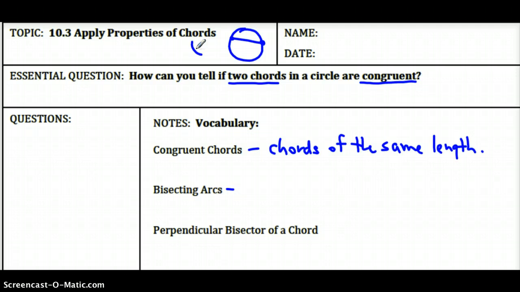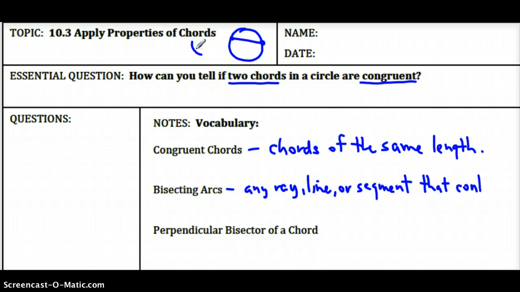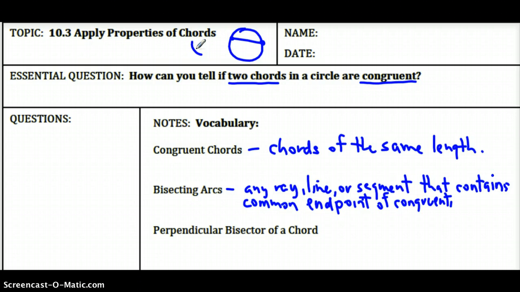So we should say that any ray, line, or segment that contains the common endpoint of congruent adjacent arcs.